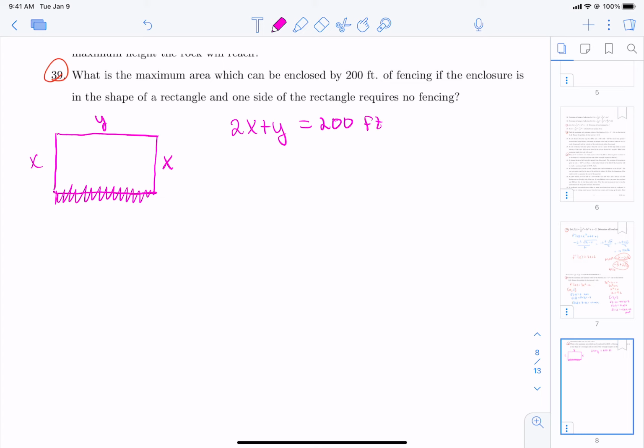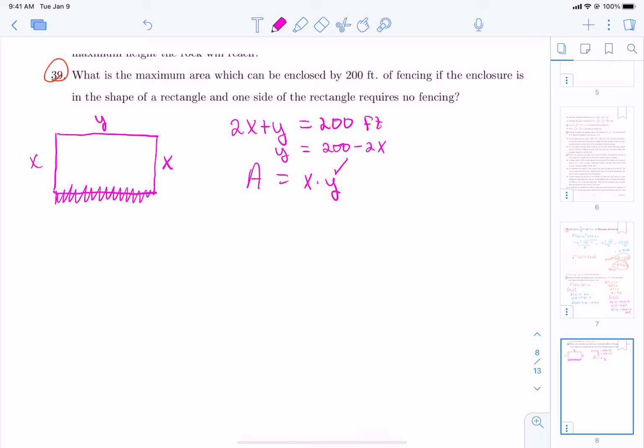So the area of a rectangle is length times width, in this case x and y. Now, when we did these problems, we talked about the fact you want to use only one variable. So they had to give you some information to allow for a substitution. I could rewrite this equation as y equals 200 minus 2x.